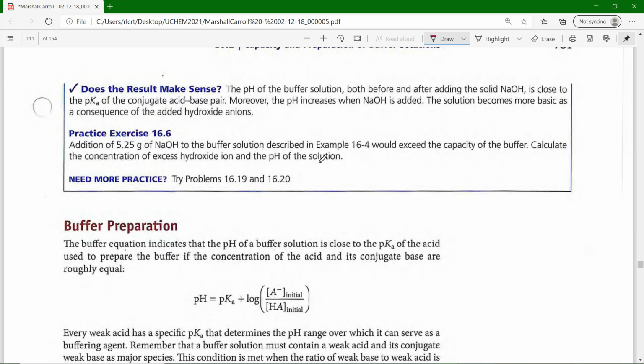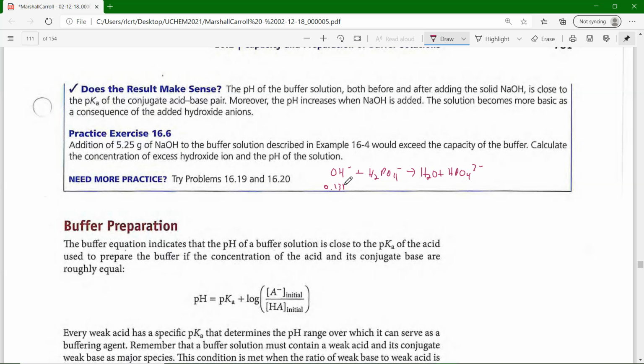So your OH- plus your H2PO4- goes to form your H2O plus HPO4 2-. So the OH- I put in is 0.131.